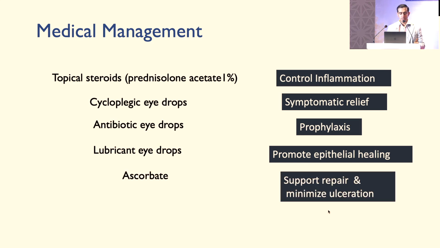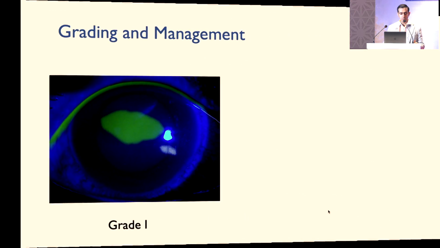Ascorbate, in terms of vitamin C, helps to repair and minimize ulceration, and you can have things like doxycycline added in for protecting the collagen. N-acetylcysteine has also been used and been found to be useful. We reconstitute it with something called Mucomyst injections. You mix it into a lubricant, and then you can reconstitute and use that on the ocular surface.